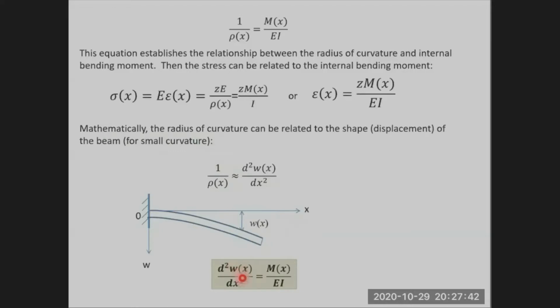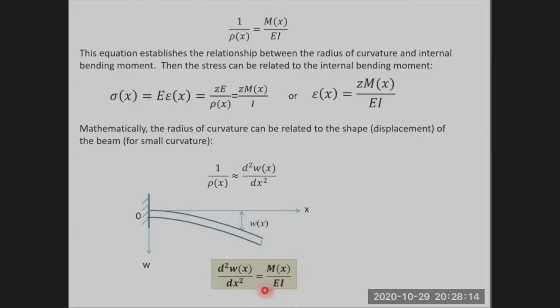But then we end up with this equation. The second derivative of W with respect to x is equal to M(x) over EI. We replace 1 over rho with this second derivative. So we establish an equation that relates W, the displacement, to M(x).